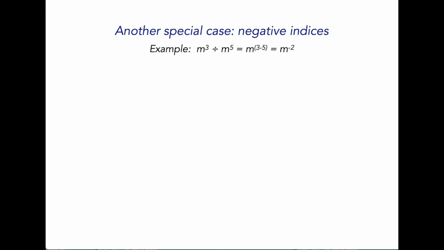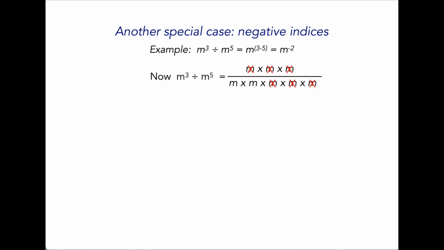If we apply our second law to the expression m cubed divided by m to the power of 5, we subtract the index 5 from the index 3, giving us m to negative 2.